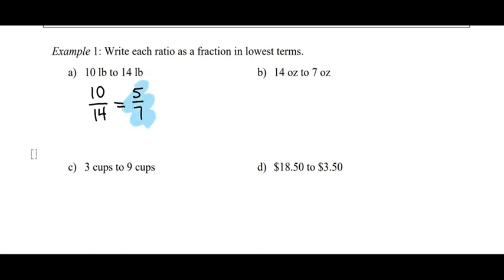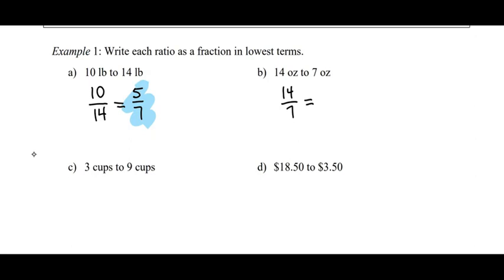If you need a refresher on how to reduce fractions, you should look through the Unit 4 videos. We covered it there. So the next one is 14 ounces to 7 ounces. As they come in the problem, grab the first number and put it in your numerator, 14 ounces to 7 ounces.